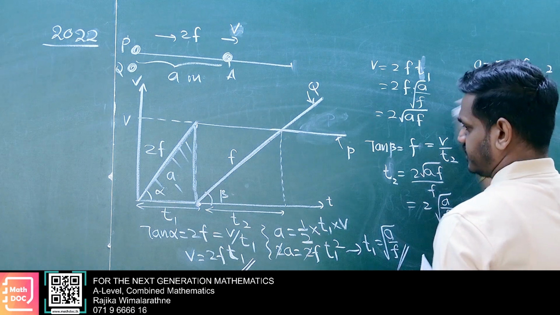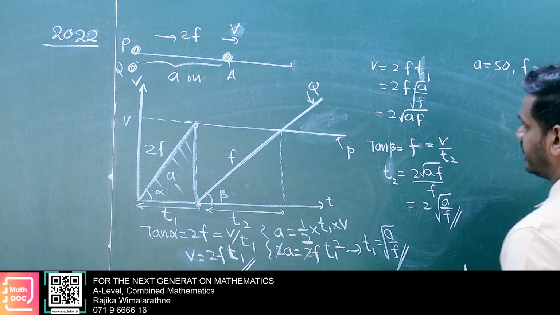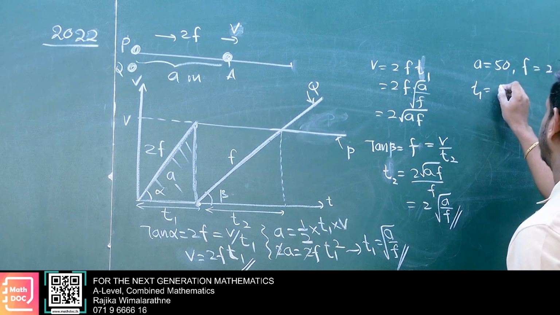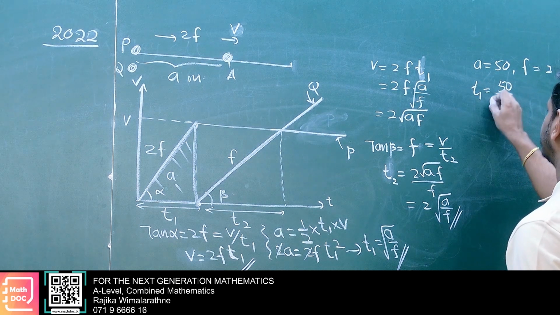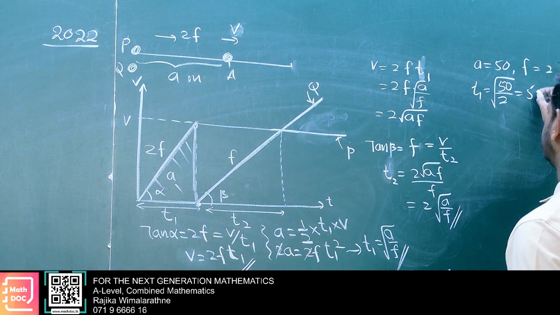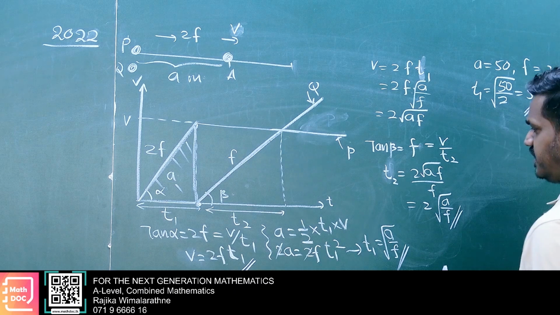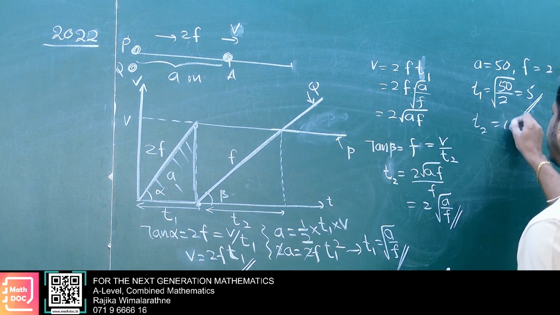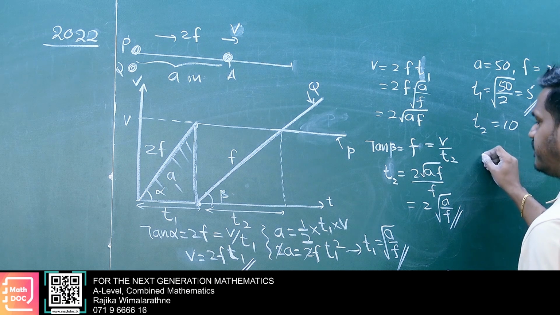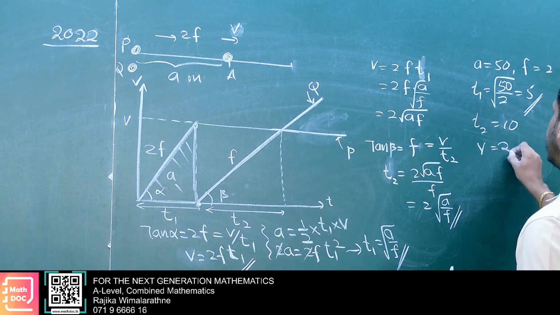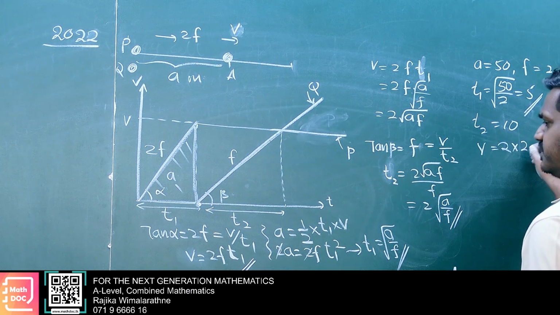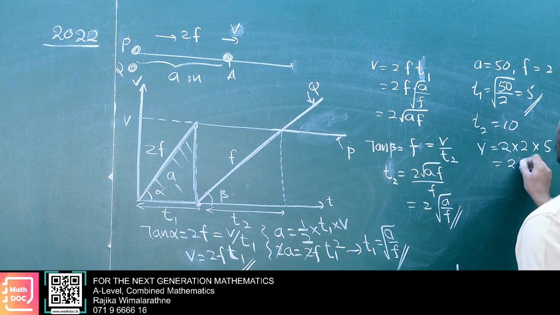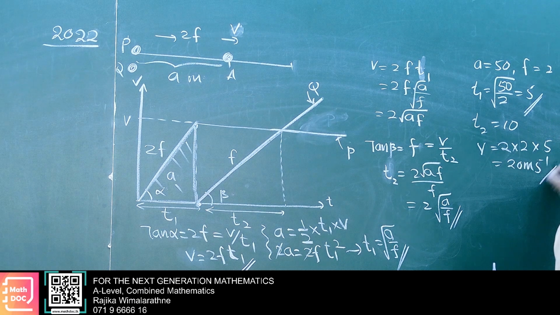Now further it is given that A is 50 and F is 2. Then T1 is 5 seconds, T2 is 10 seconds, and V is 2F T1, which is 20 meters per second.